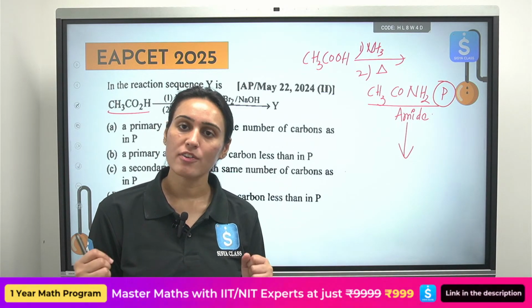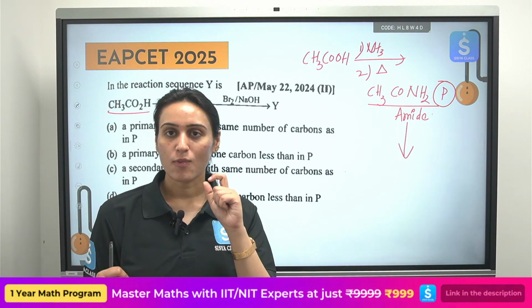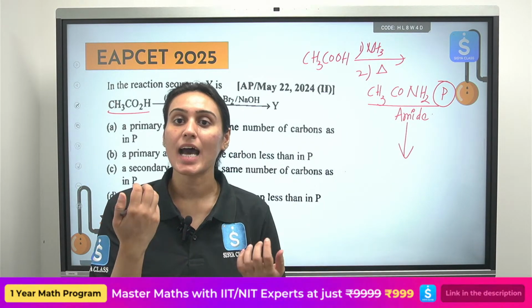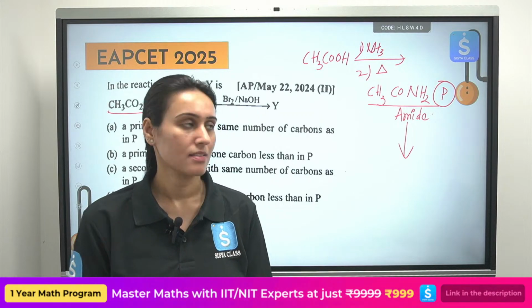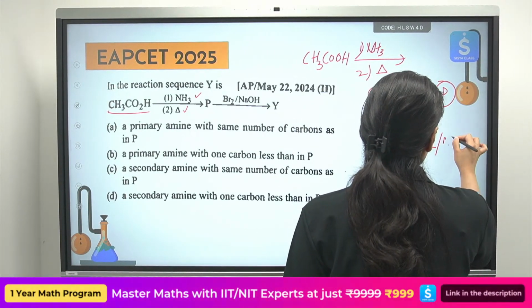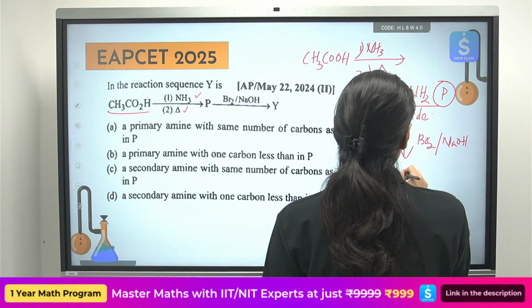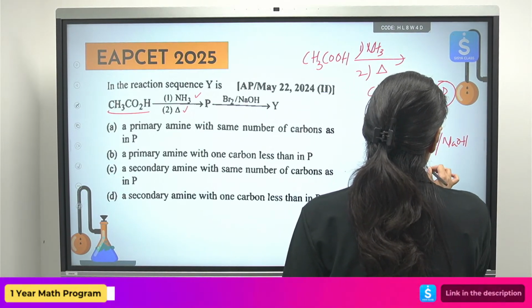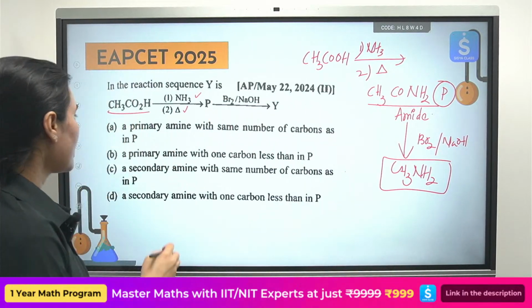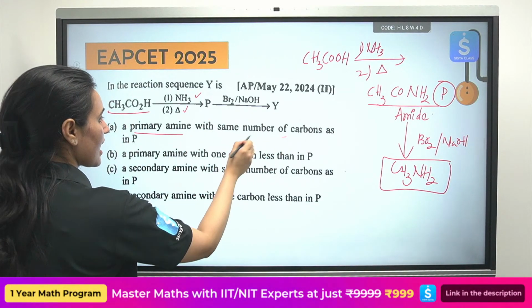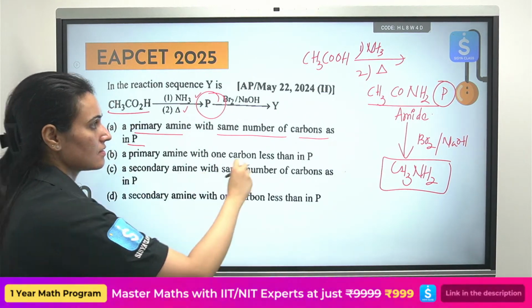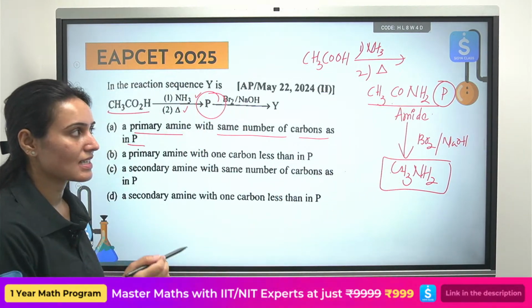What happens in Hofmann bromamide degradation? One carbon atom less is present in the product than what we have taken in the reactants, everyone. Okay. So this is Hofmann bromamide degradation. From amide, you are forming amine. Okay. See now the options. A primary amine with the same number of carbon atoms as in P. I have one carbon atom less than P, right?